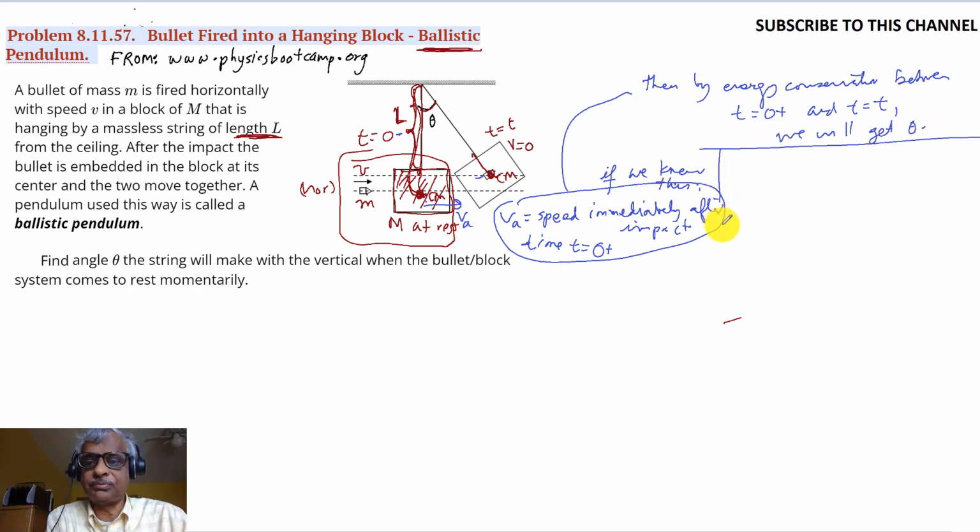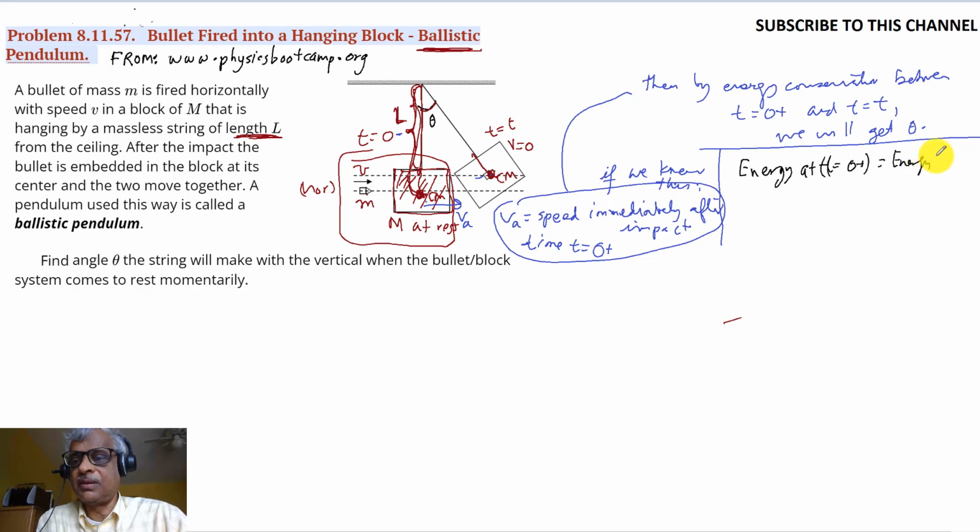So here is how, if we knew it. We start from the end rather than the beginning. So if we knew this, then energy here has to be equal to energy there, right? So the energy at t equal to 0 plus must be equal to the energy at t equals t.